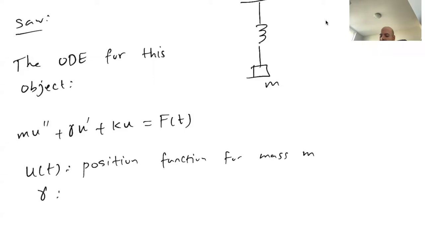And gamma, we saw that it's called the damping coefficient, which will be a positive number if we assume there exists friction. And of course, in practice, there exists friction. So if you want to solve a practical problem, then we have to assume that gamma is positive. But in the ideal case where there's no friction, then we can assume that gamma is equal to 0.